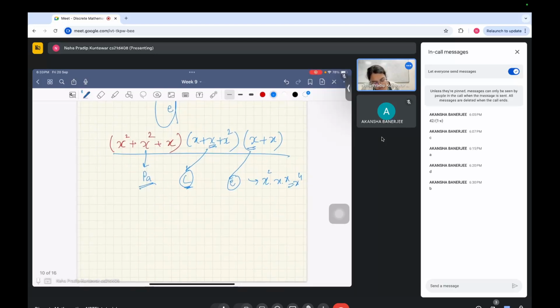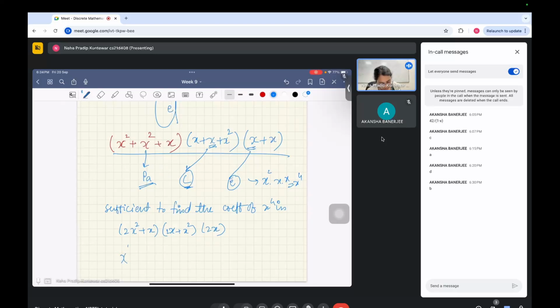So therefore it's sufficient to find the coefficient of x to the 4 in x square plus x square, okay, I'll just rewrite this. So x square plus x square is 2x square plus x, and this is 2x plus x square, and this is 2x. And maybe I'll take out some terms outside.